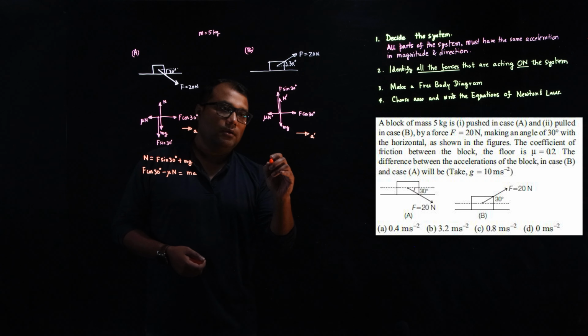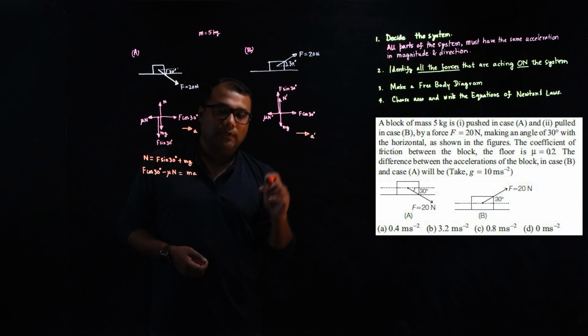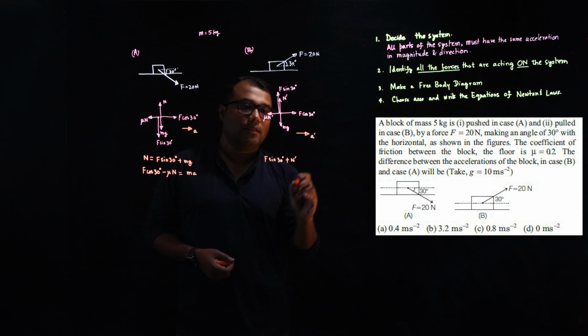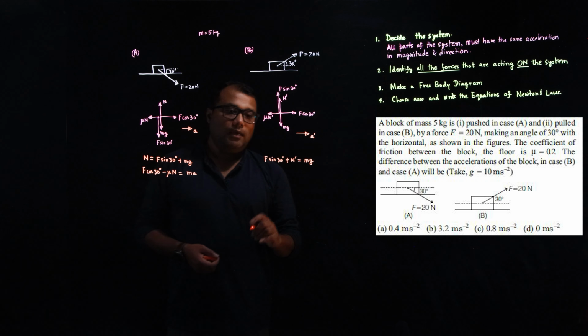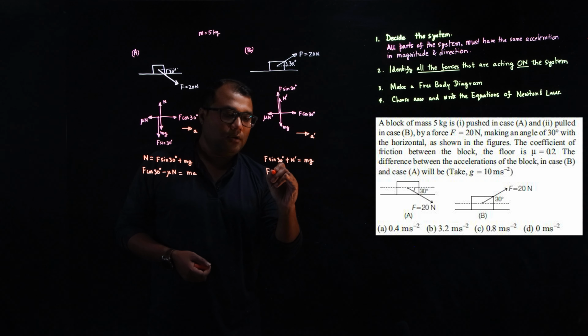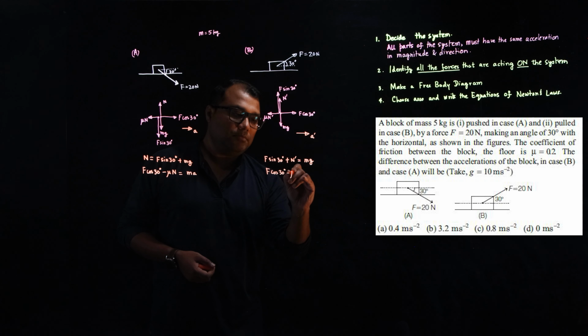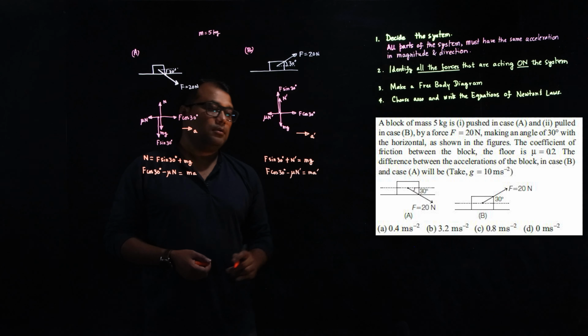Similarly here, there is no movement in the vertical direction, so F sin 30 degree plus N dashed must be equal to mg, and here F cos 30 degree minus mu N dashed is responsible for the acceleration, ma dashed.